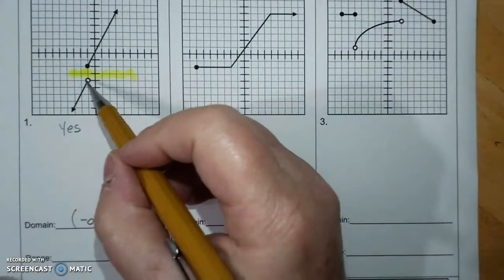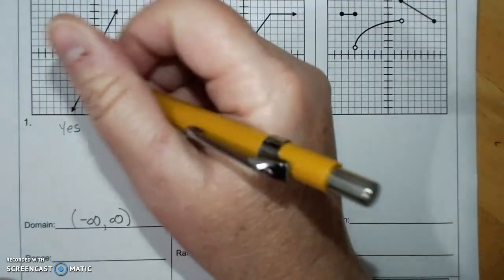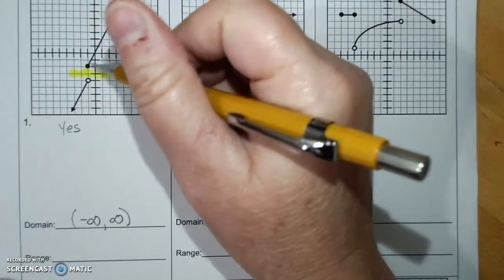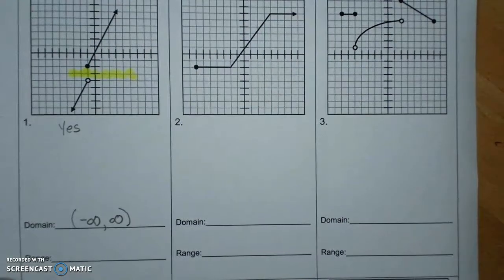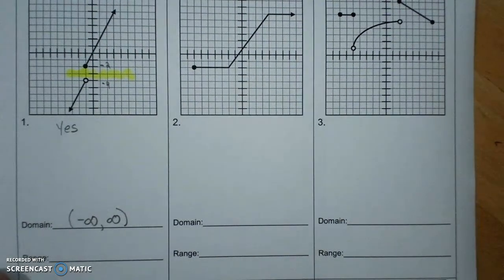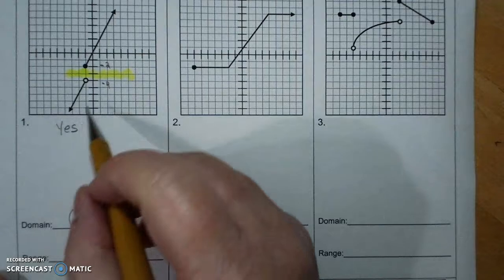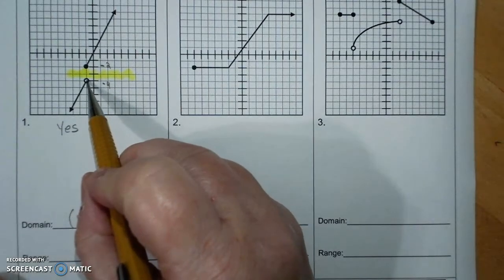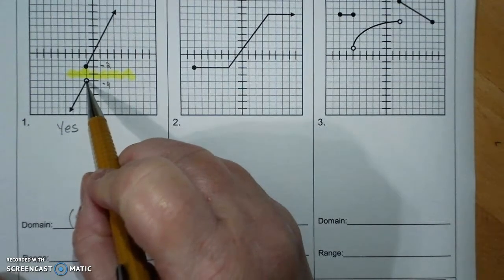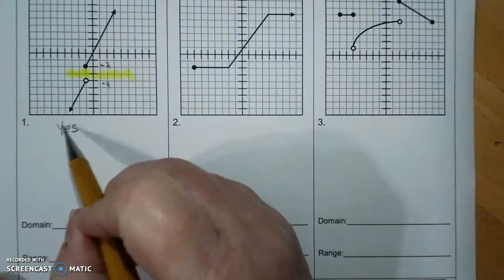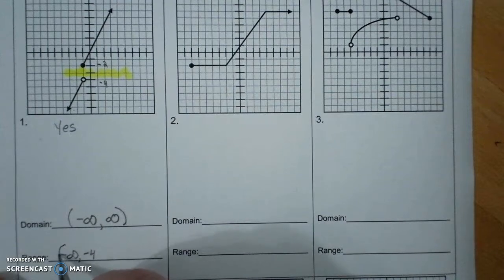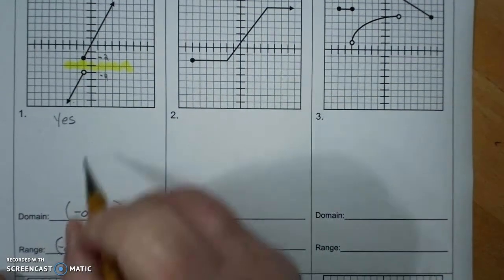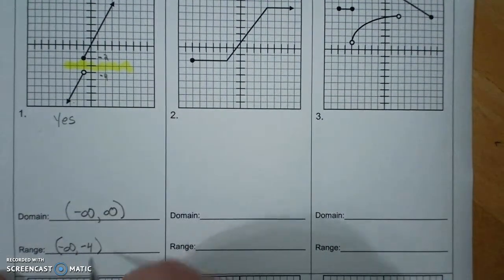I'm going to look here and realize that right here y can go from -4 to negative infinity. So down here is negative infinity to -4. Infinity always gets an open parenthesis. The open dot gets a parenthesis.